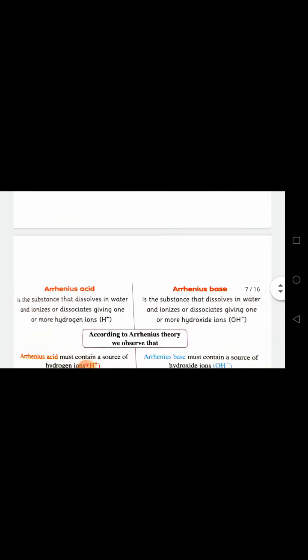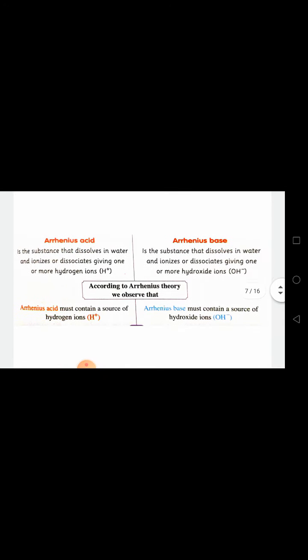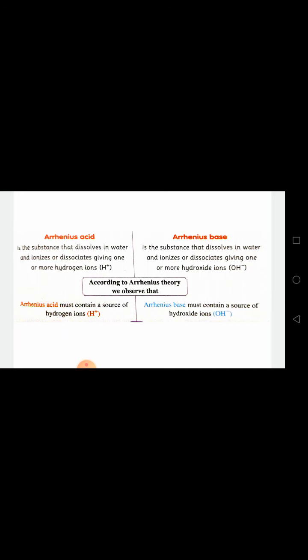In Arrhenius Theory, the acid, or Arrhenius acid, is the substance that dissolves in water and ionizes or dissociates, giving one or more hydrogen ions. While the Arrhenius base is the substance that dissolves in water and ionizes or dissociates, giving one or more hydroxide ions.